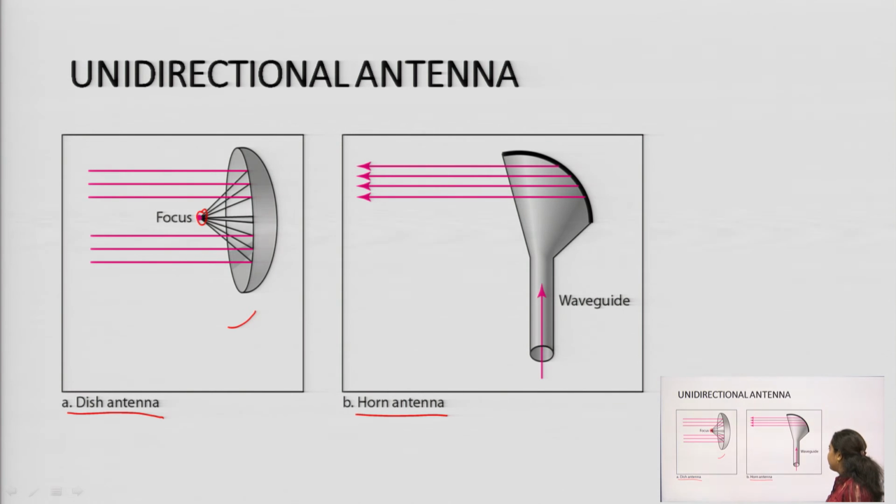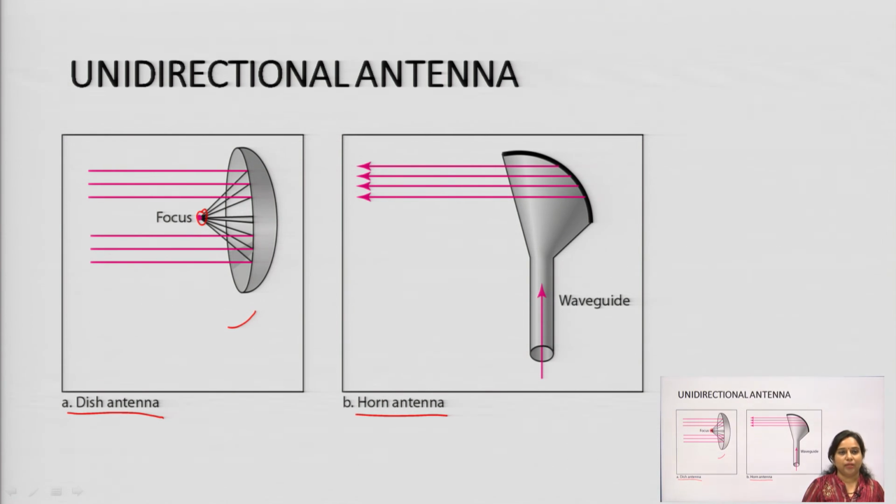Next is the horn antenna, this has the shape of a horn, it is connected through a waveguide, and the direction of the signal is shown over here. So, this is how the unidirectional antenna will work. So, till now we have discussed two types of antenna, the omnidirectional antenna which has gain equal to 1.